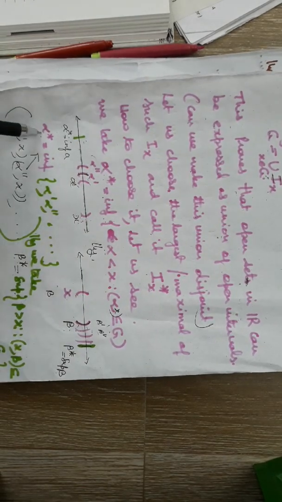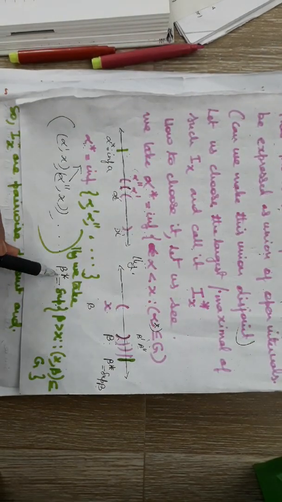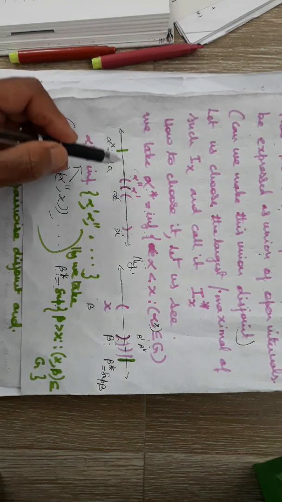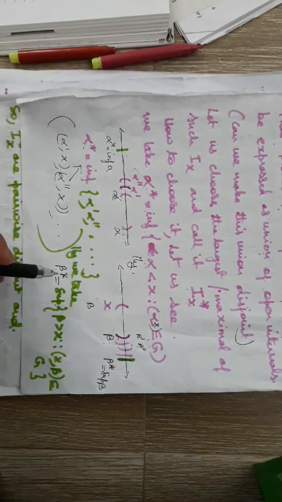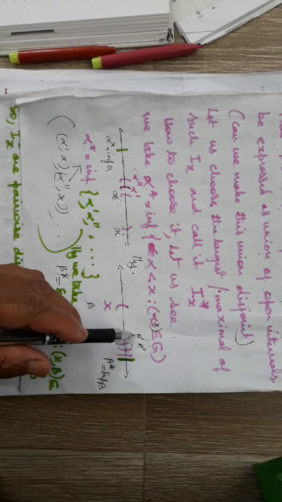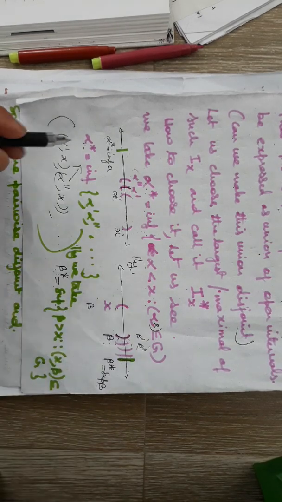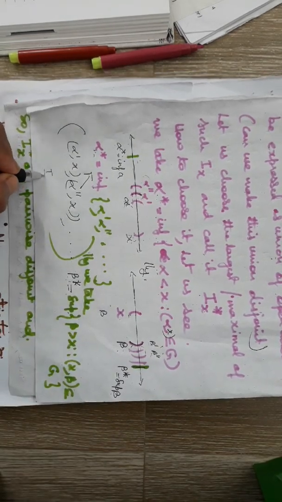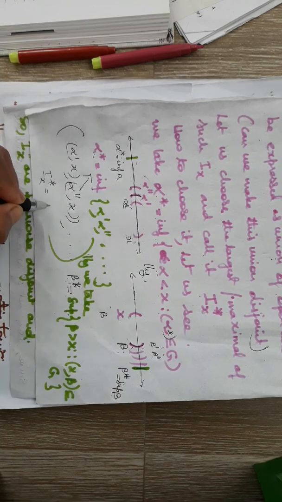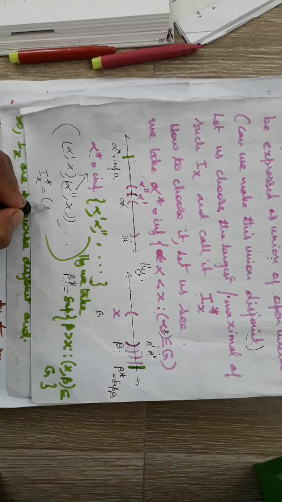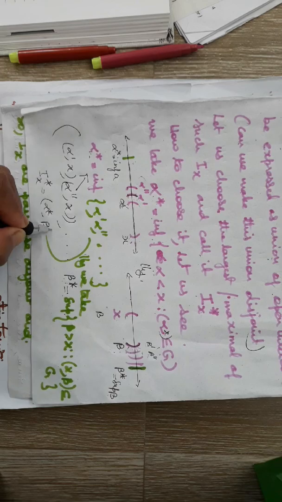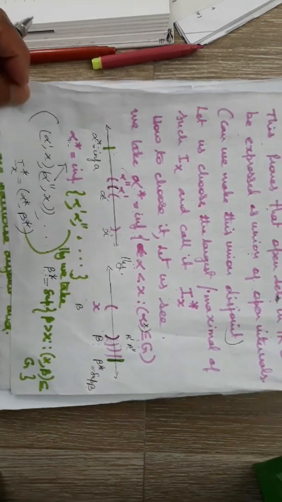So as you can see here, alpha star is the infimum of this alpha prime, and beta star is the supremum of this beta prime, beta double prime. So let us take I_x star to be the open interval (alpha star, beta star).